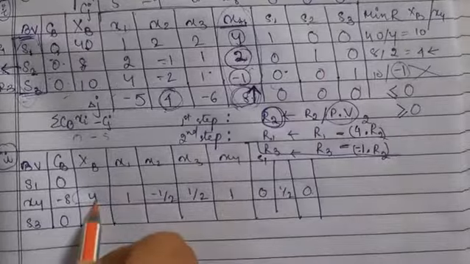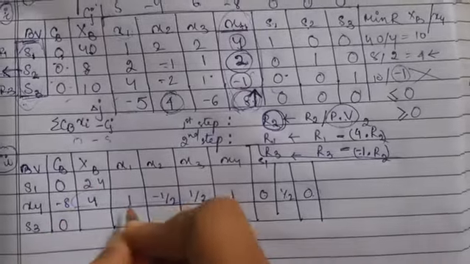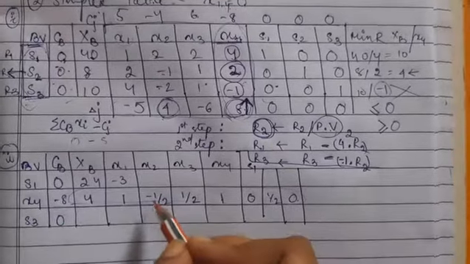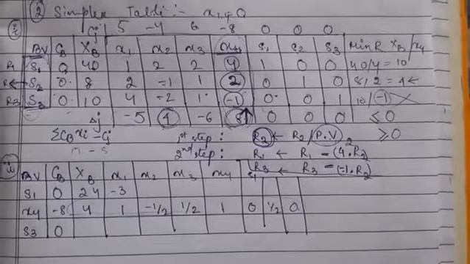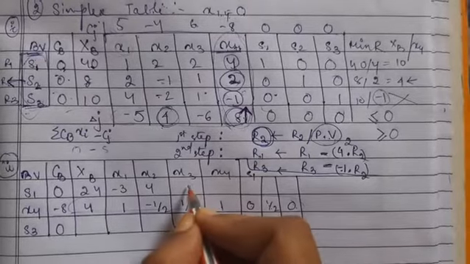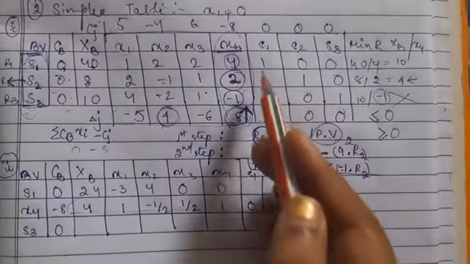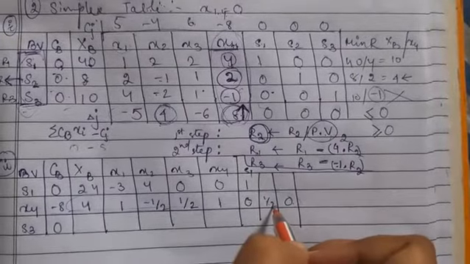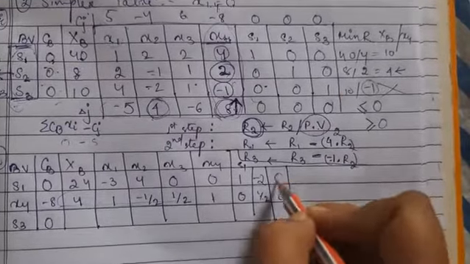Okay, so 4 4s are 16, 40 minus 16 is 24, then 4 will be subtracted from here, means -3, into 4 is -2, 2 minus -2 is 2 plus 2 or 4, then 2 minus 2 is 0, then 4 minus 4 is 0, 1 minus 0 is 1, 0 minus 4 by 2 is -2, then 0 minus 0.